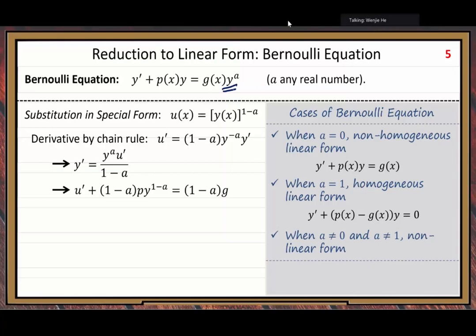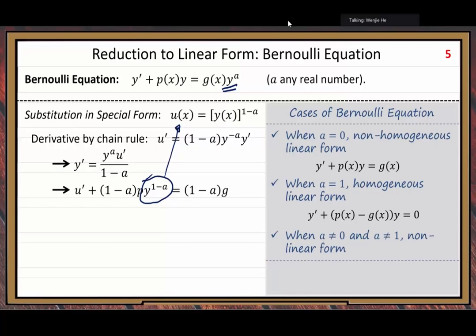After division by this function, we have this form, but this part is u, right? The good thing is this part corresponds to u.